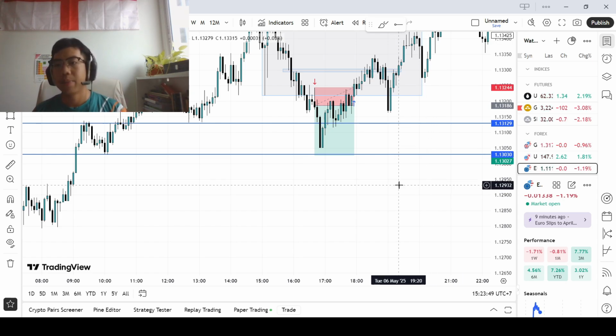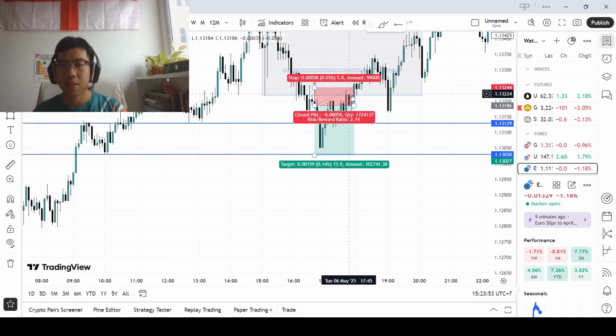And I am pretty proud of my entry and my stop loss placement, enabling me to get a good IRR around 2 to 1 risk to reward, which is optimal for future trades.